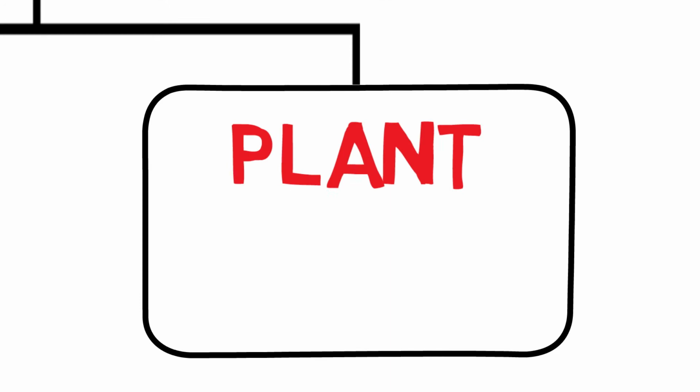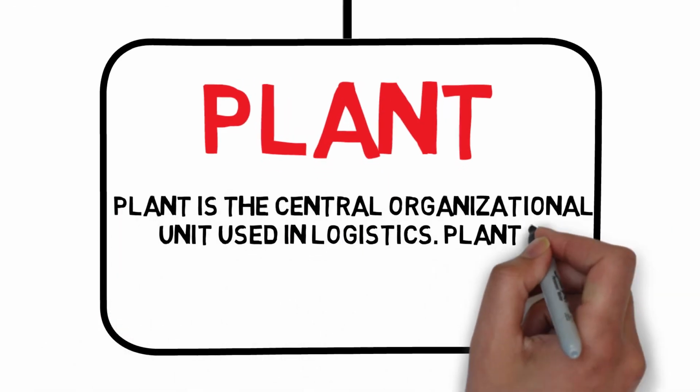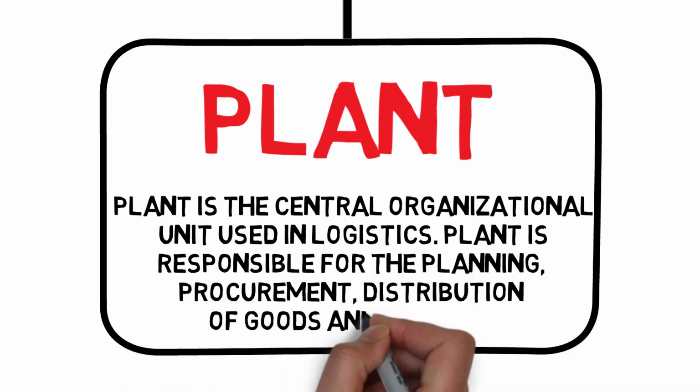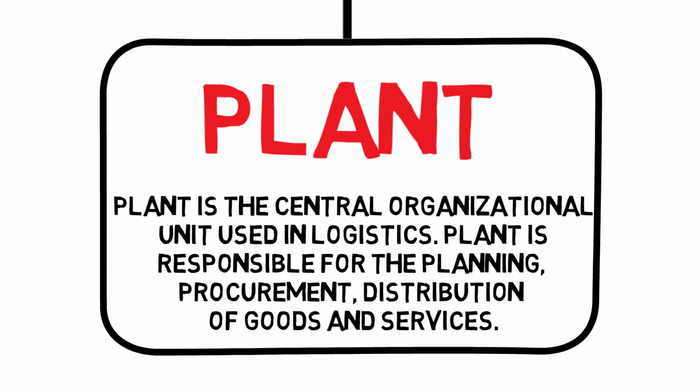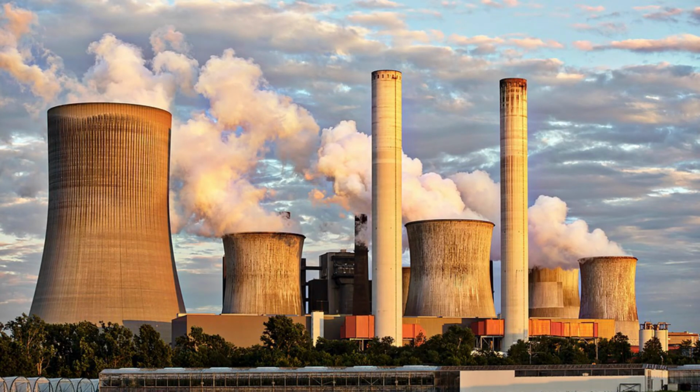Plant. Plant is the central organizational unit used in logistics. Plant is responsible for the planning, procurement, and distribution of goods and services for customers and suppliers. Plant in SAP is a physical location of the company, and one company code can have one or more plants.